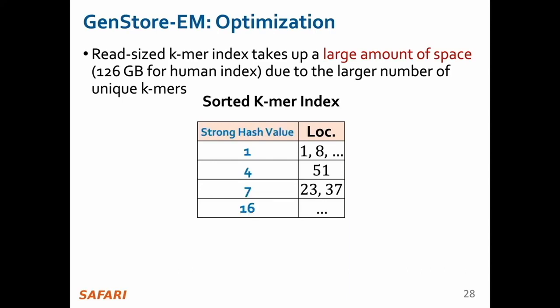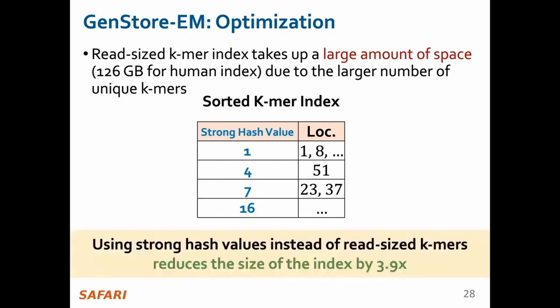We can now sort with these hash values, and it also acts as the fingerprint of each entry. So we compare the hash value of the k-mers with the hash value of reads to find the matches and mismatches. Therefore, the use of these strong hash values instead of the larger k-mers reduces the size of the index by 3.9 times.